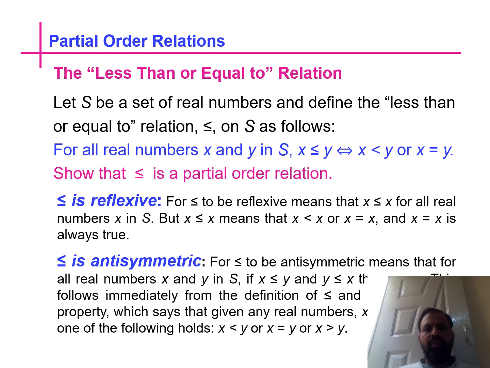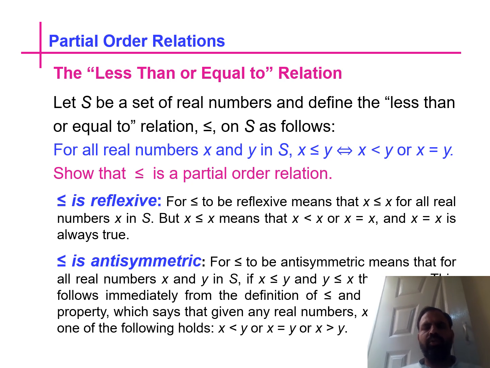Now the less than or equal to relation, which we discussed. For all real numbers x and y in S, x is less than or equal to y if and only if x is less than y or x is equal to y. Show that less than or equal to is a partial order relation. We show that it is reflexive, antisymmetric and transitive. Then it can be proved easily.